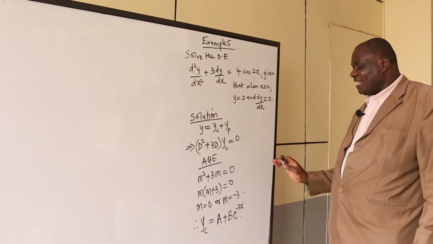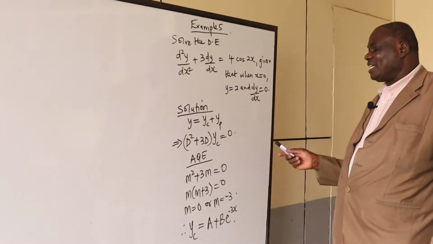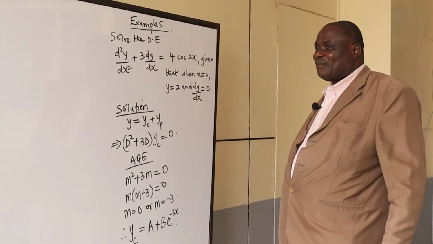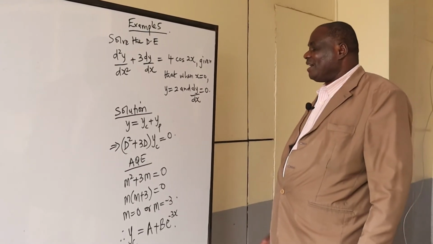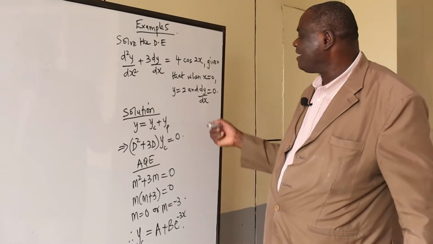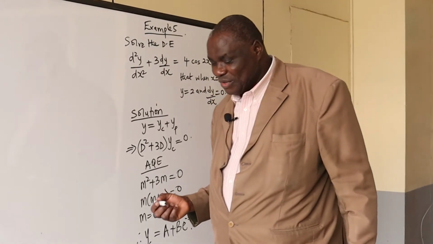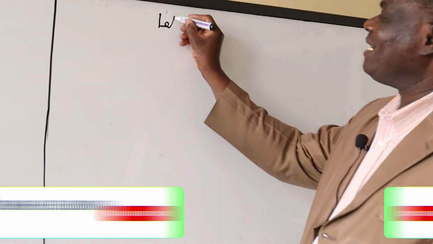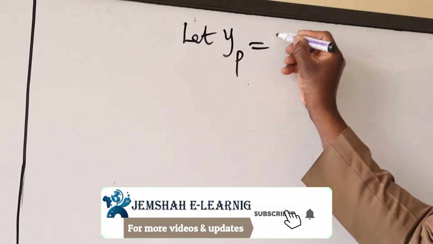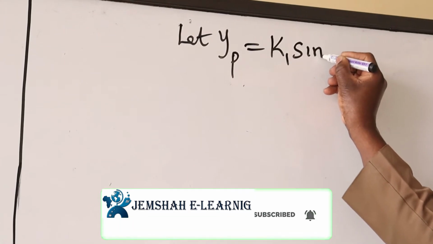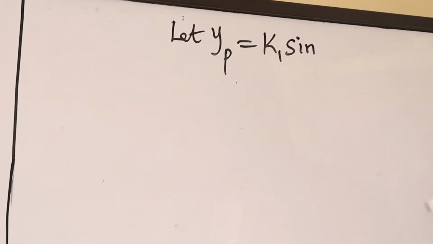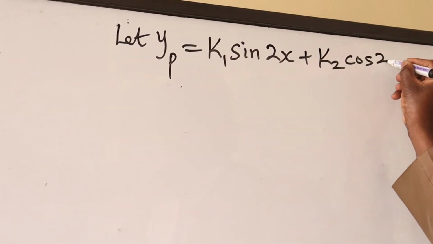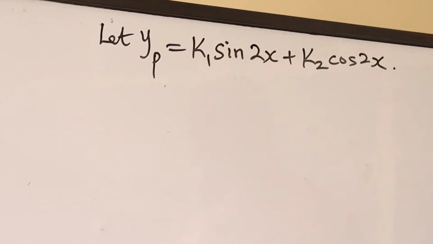Now, after getting the complementary function, we proceed to establish the expression for our particular integral, using the method of undetermined coefficients. Since this is a trigonometric term, we let our yp be equal to k1 sine 2x plus k2 cos 2x.